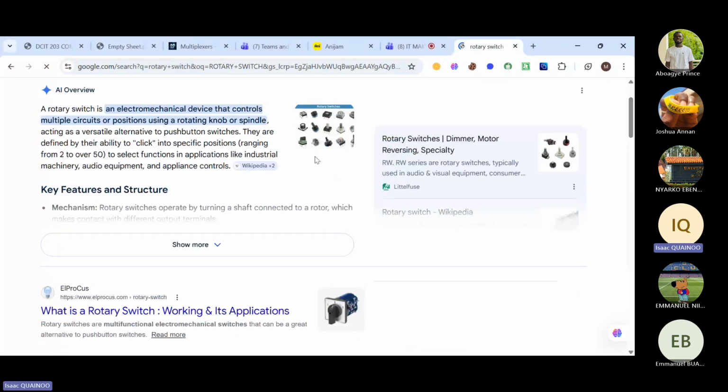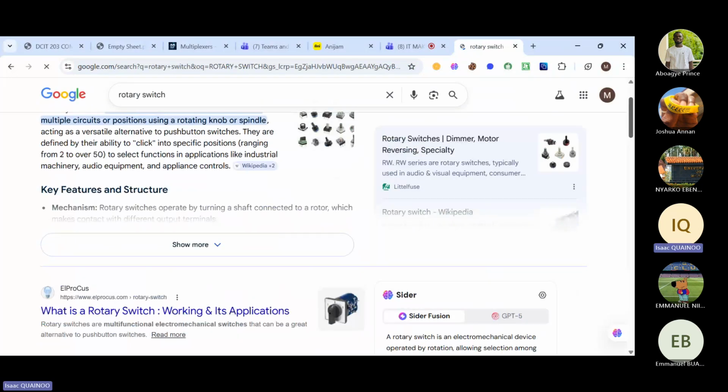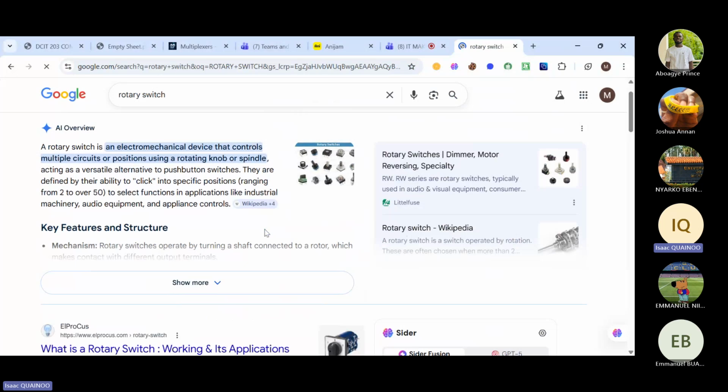All right, so this is what a rotary switch is. A rotary switch is an electromechanical device that controls multiple circuits or positions using a rotary knob or spindle, acting as a versatile alternative to push button switches.